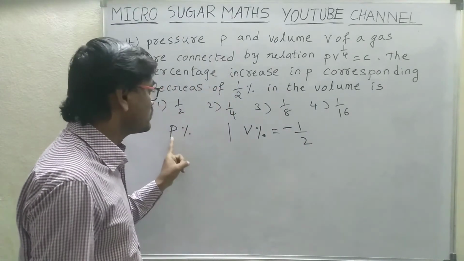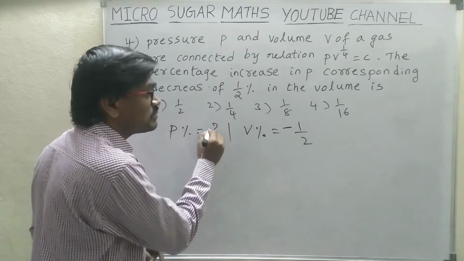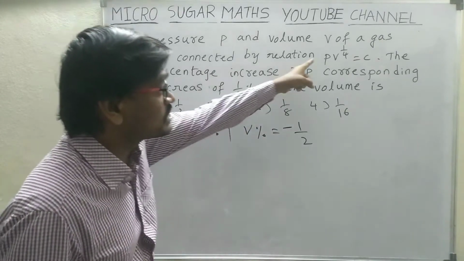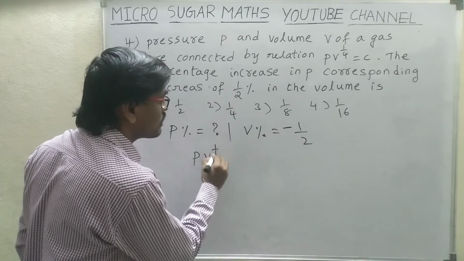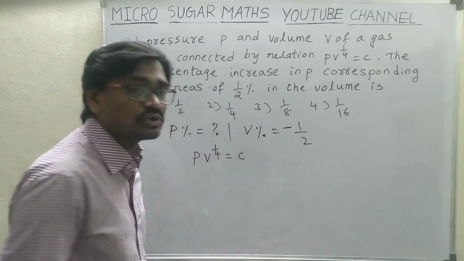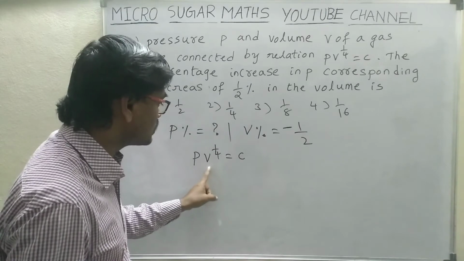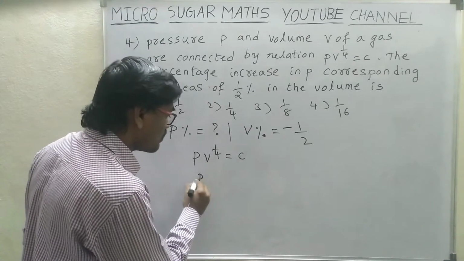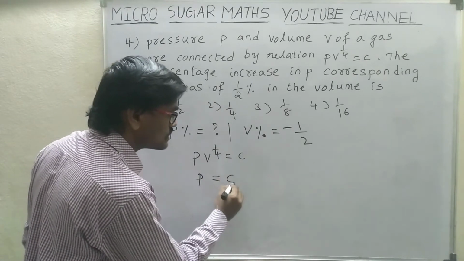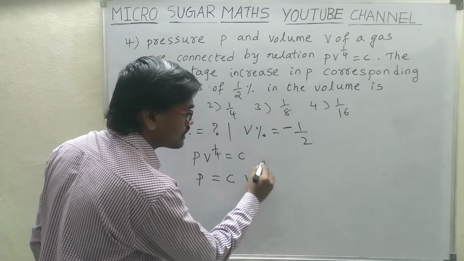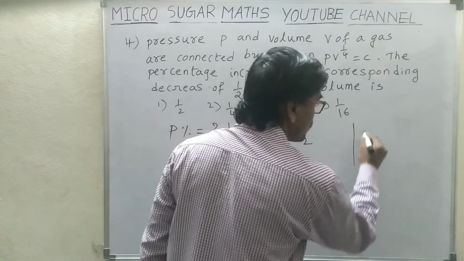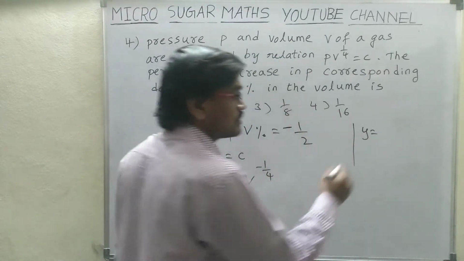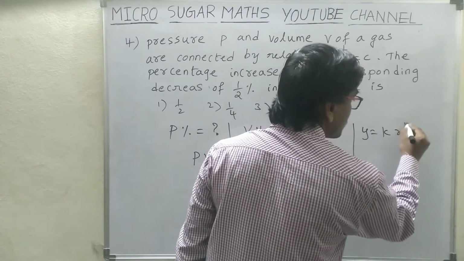Therefore we need P percentage. What is the connection? The connection is P V power 1 by 4 is equal to C. Now students, move the V power 1 by 4 to the right side. You will get V power minus 1 by 4. Now apply your formula: Y is equal to K into x power n.